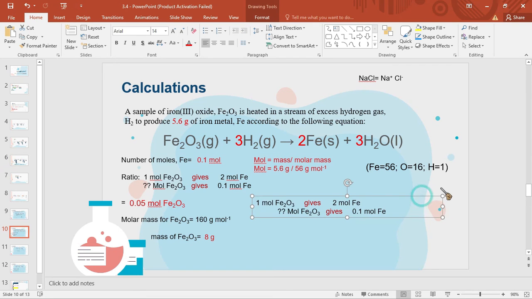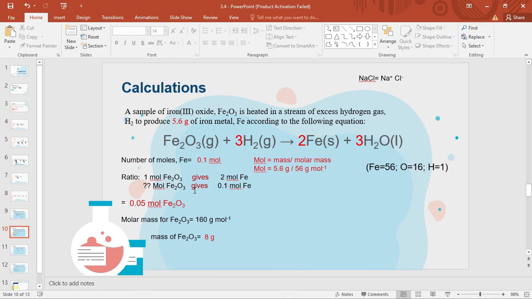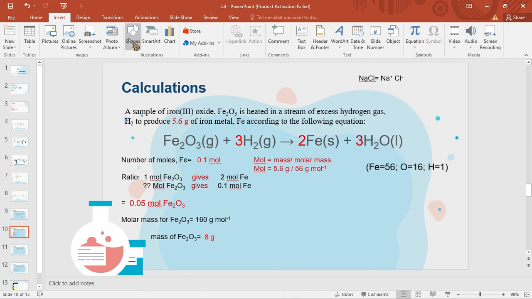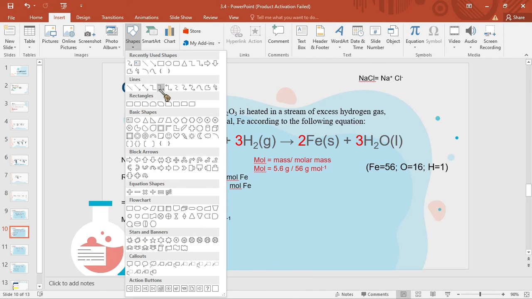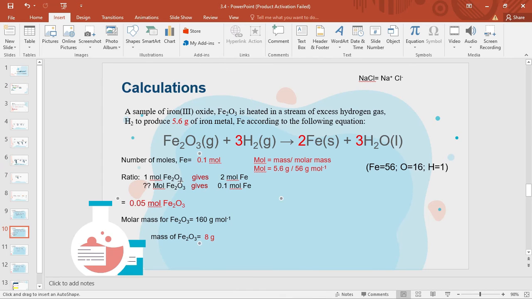What is meant by this is where I put the arrow: 1 mole iron(III) oxide gives 2 mole of Fe. That is in the equation here.